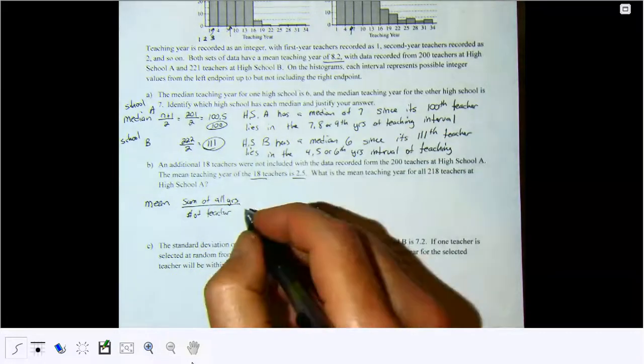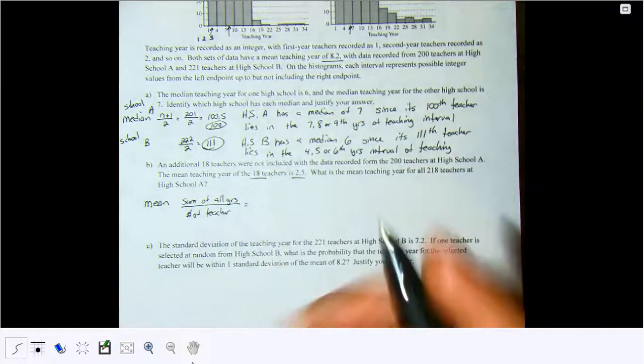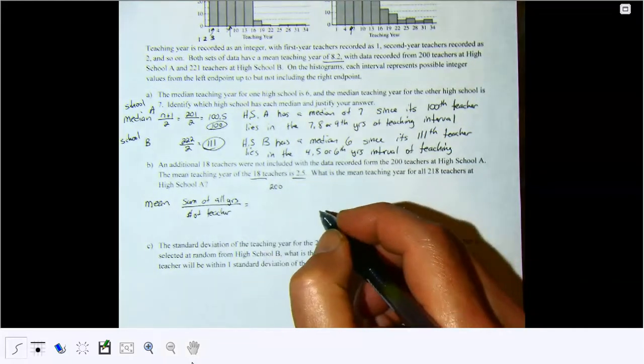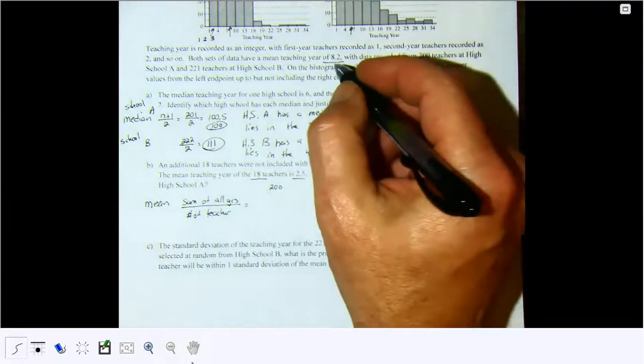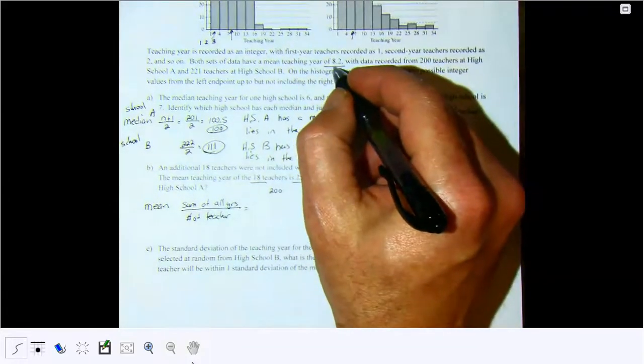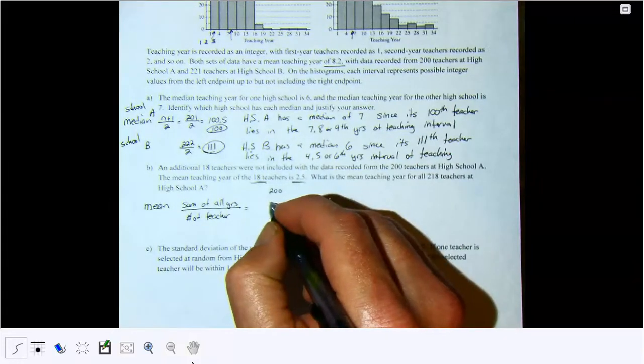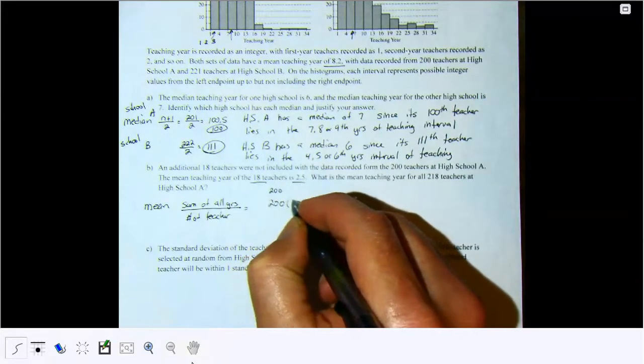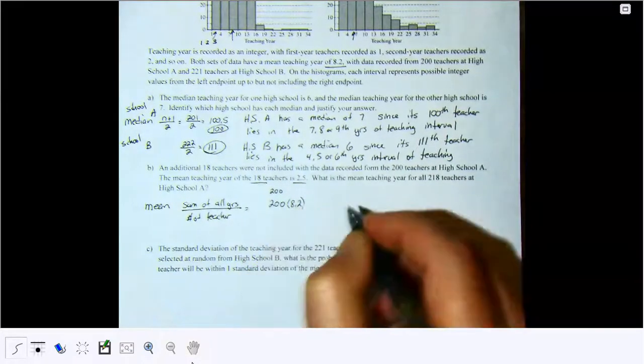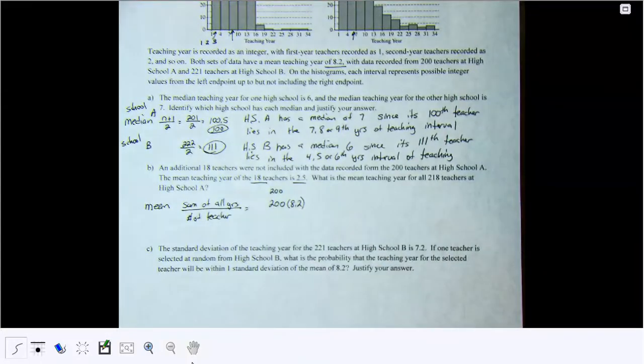Now the sum of all years is what we're going to have trouble with here, because I have two groups of teachers. I have the 200 teachers, where's that up here? Each one had a mean of 8.2. So I have 200 teachers that have taught at a mean of 8.2. If I multiply those two numbers, that will give me the total years taught by all those teachers.